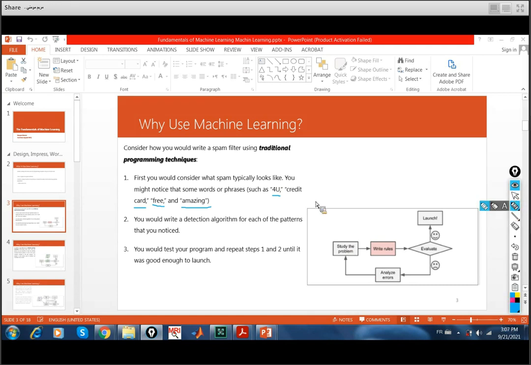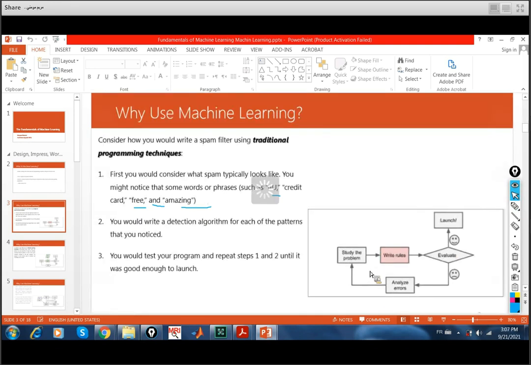We know the problem. Our problem here is distinguishing these words in the emails. And after that, we write rules to distinguish these words.